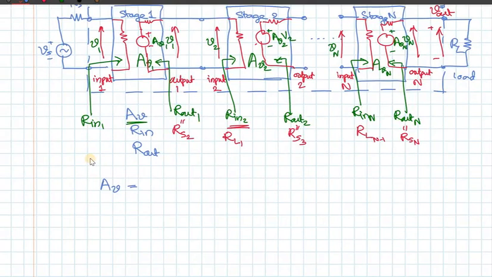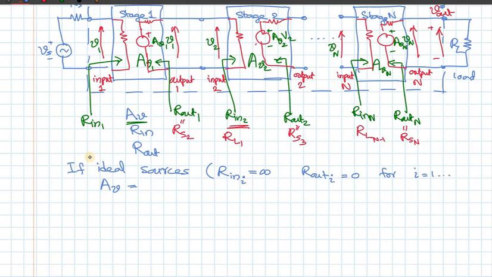Now, if my output impedances are very low, for example, if ideal sources are there, in other words, R in is equal to infinity, R out i is equal to 0 for i equals 1 to n.